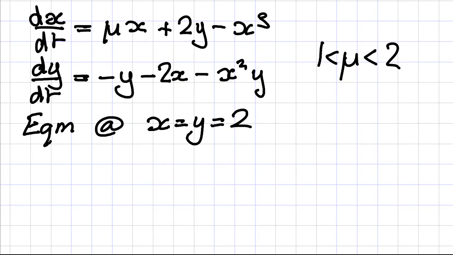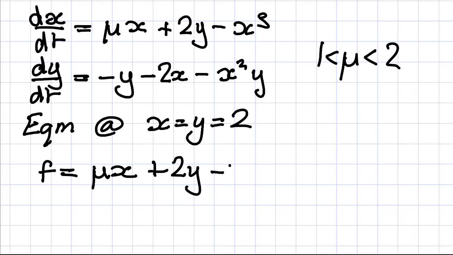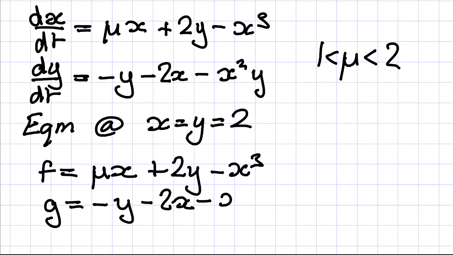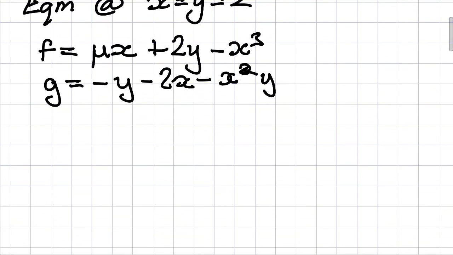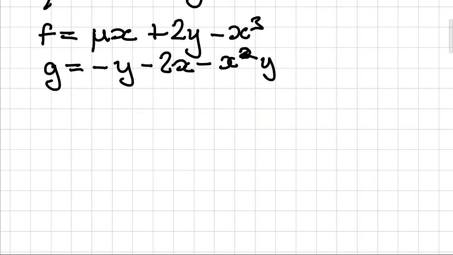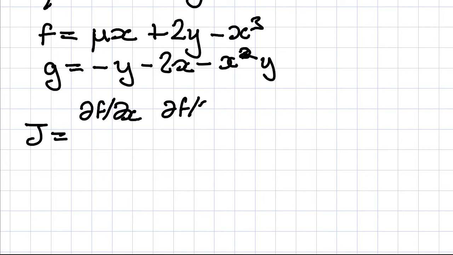So we're going to take f to be μx + 2y − x³, and g to be −y − 2x − x²y, and we're going to calculate the Jacobian. So J is ∂f/∂x, ∂f/∂y, ∂g/∂x, and ∂g/∂y.